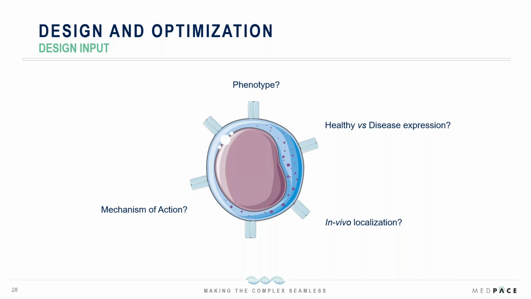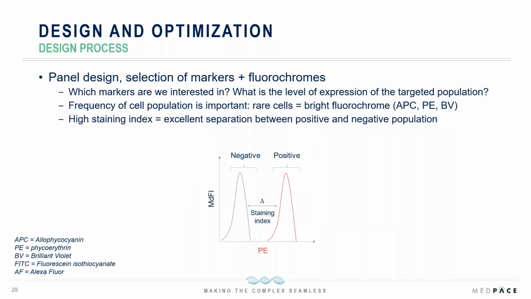And the last question that we can assess is what is the localization of this cell population? And this will be very important to determine the specimen matrix to run your assay. Can we find this population in the blood, in tissues, in bone marrow? So these questions are really important and should be addressed before performing a receptor occupancy or any flow assay, for example. Let's go to the next slide.